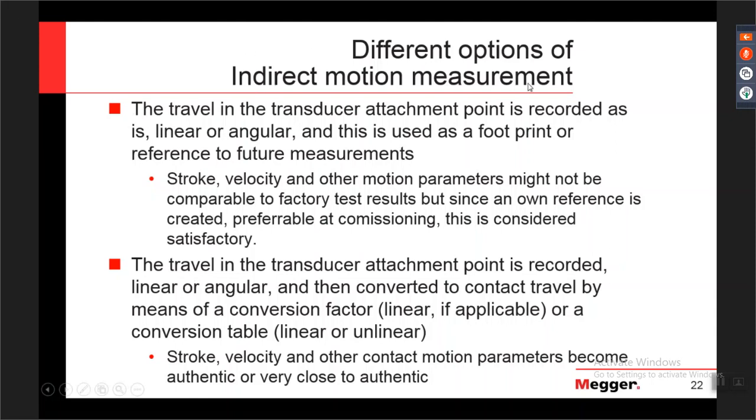So that's with indirect motion. It's implicit that with indirect motion, the motion is not exactly the same as measuring directly at the contact. So that's why your value cannot be compared exactly with the reference values from a manufacturer.